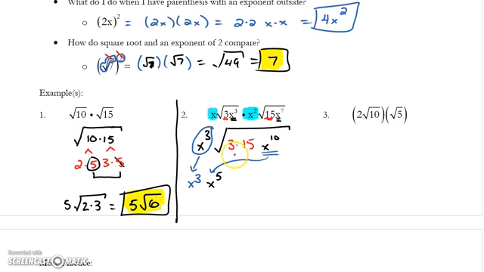Not to mention, I have to keep factor treeing this 3 and 15. So let me give myself a little bit of space here. And I have this 3 times this 3 and 5. Now I have another thing that I have to pull out, a pair of 3s.